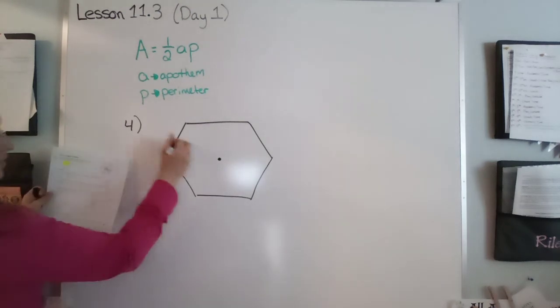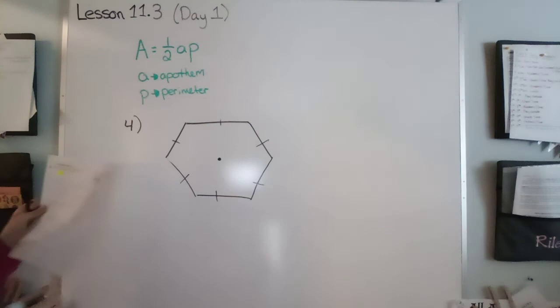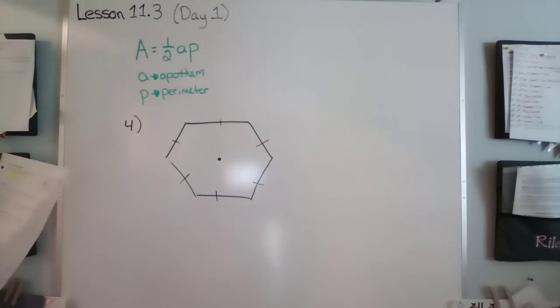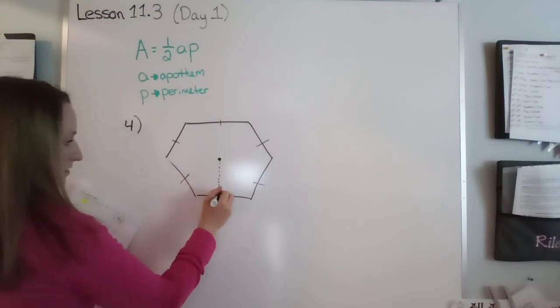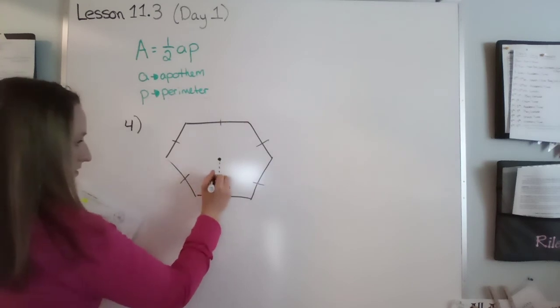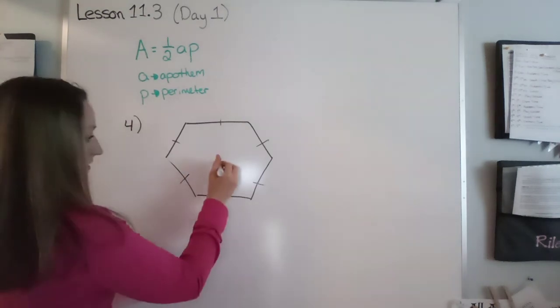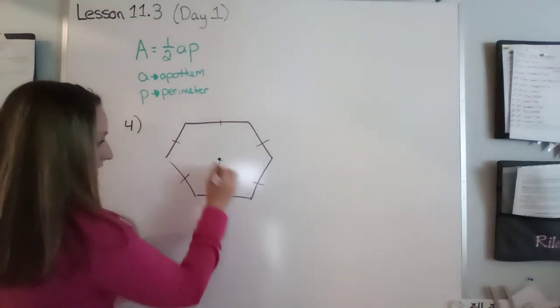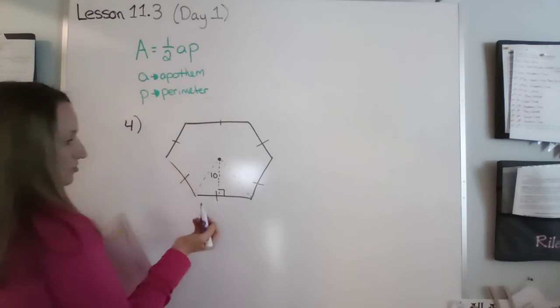It's regular, so all sides and angles are congruent, and it has an apothem of 10 units. Okay, so again, let's talk about that central angle for a second. If I was to draw the 2 radii in and form that central angle right there, how many central angles would there be?